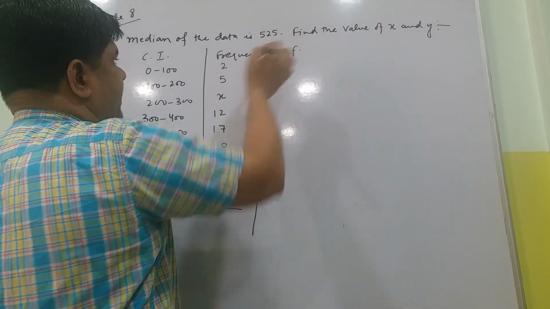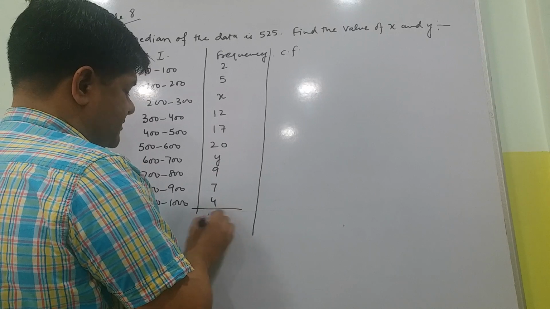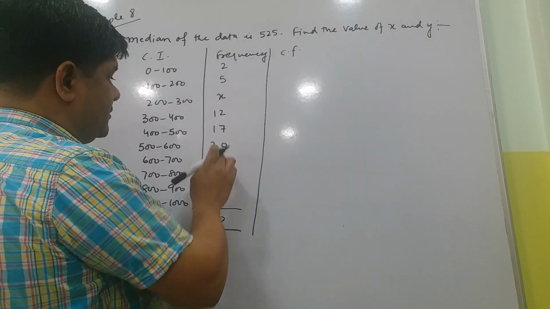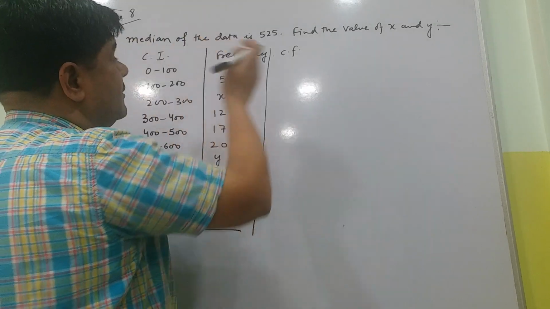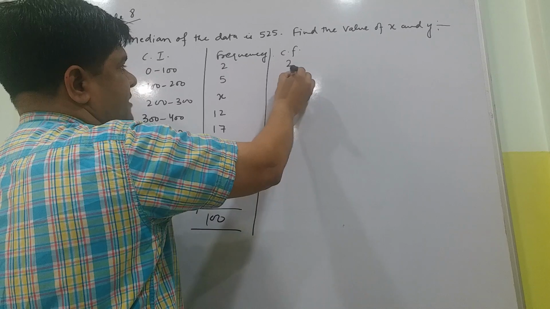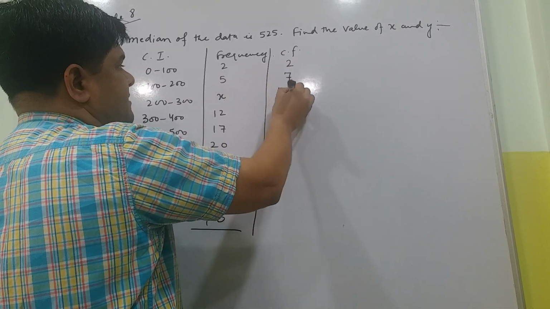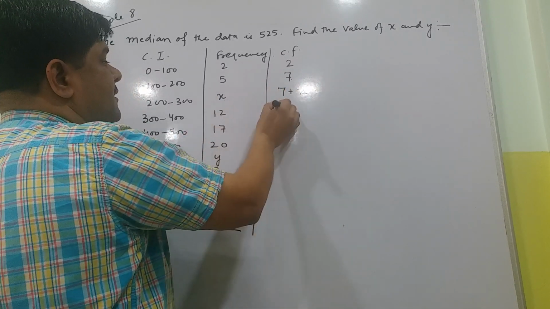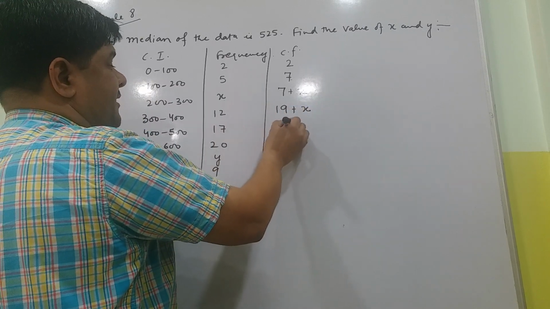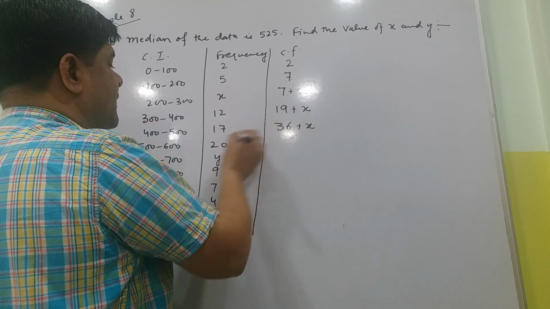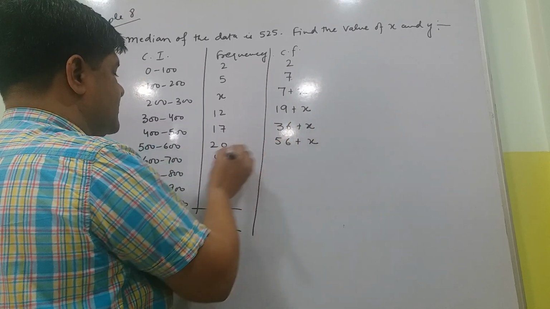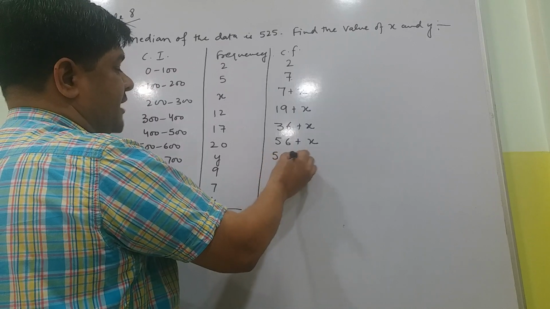First of all, we will calculate cumulative frequency. Here the total of the data is 100. Cumulative frequency: 2, then 2 plus 5, 7, 7 plus x, 7 plus x plus 12, 19 plus x, 19 plus 17, 36 plus x, 36 plus 20, 56 plus x, 56 plus x plus y.